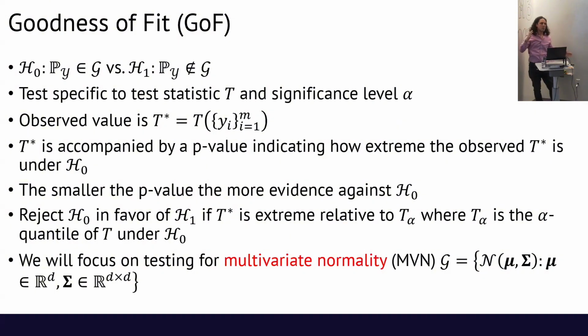The smaller the p-value, the more evidence against H naught. And remember, H naught here is that Py comes from the class of Gaussians. So if we have a low p-value, that means we're rejecting normality. And alpha is just that we're evaluating T star with respect to some quantile of T under H naught.